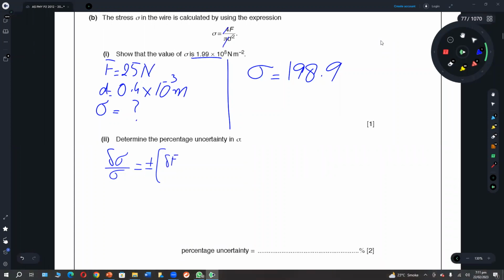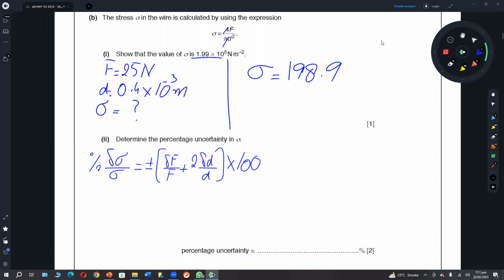Delta F upon F plus 2 delta D upon D. He's asking for percentage, so I put a percentage sign here, into 100. The first value will be the percentage uncertainty of it.